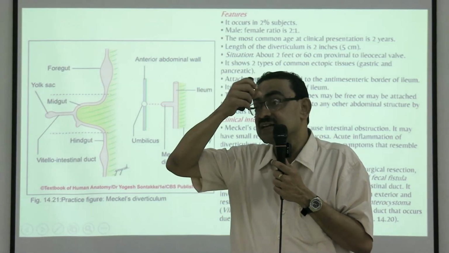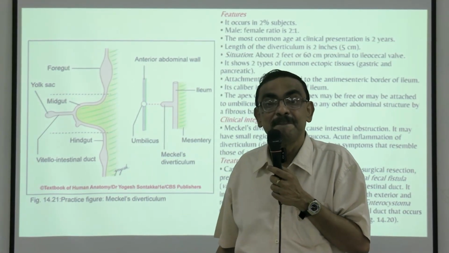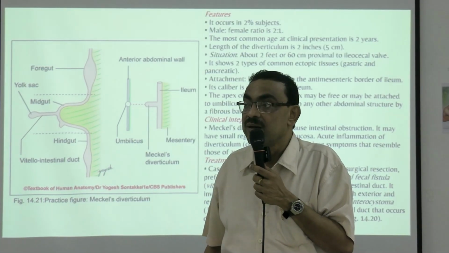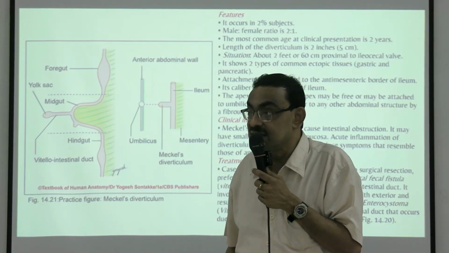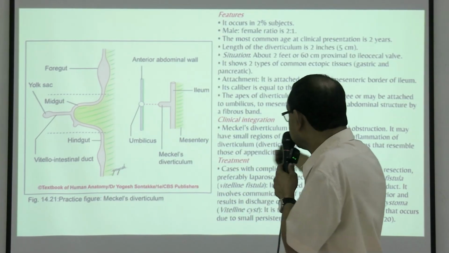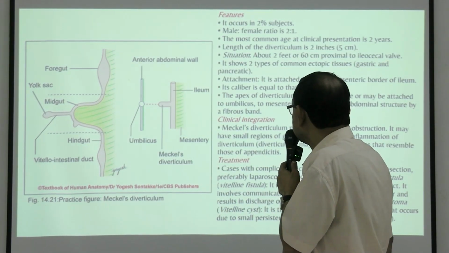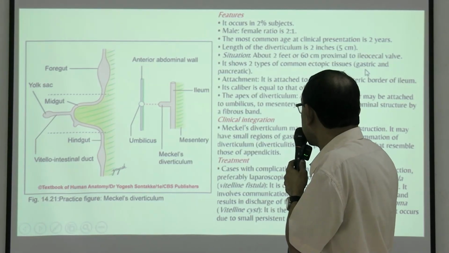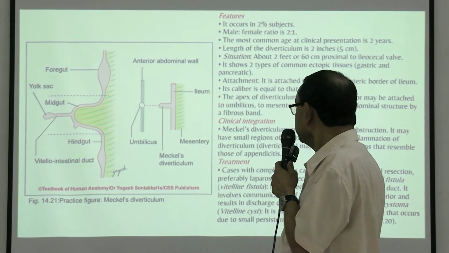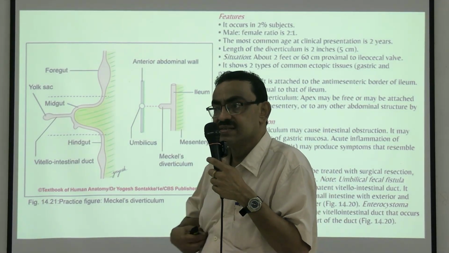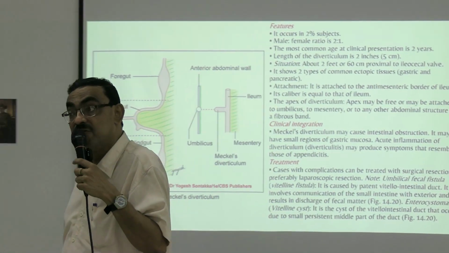We know there is ulceration in the stomach. Why? There are oxyntic cells, peptic cells. Here we can find these peptic cells. So there is a chance of ulceration and perforation also.